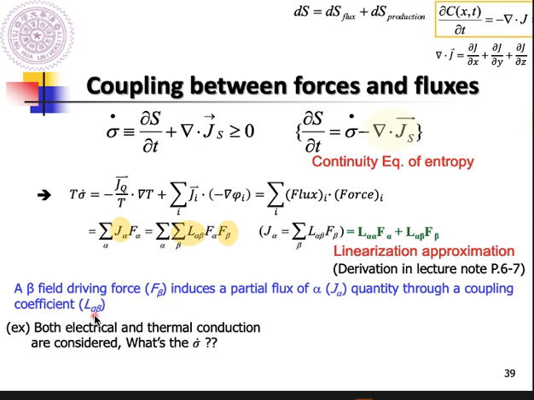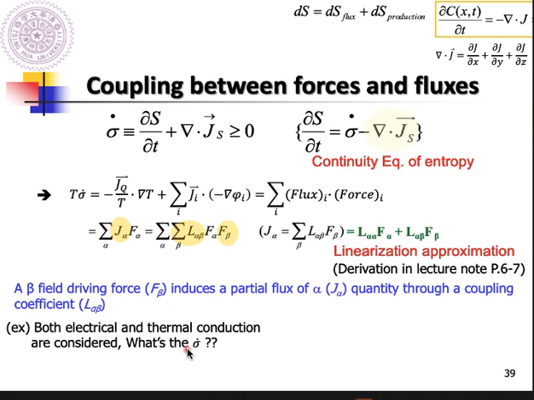To be precise and make it clear, let's take an example. Now we have a metal bar, and we apply an electrical field and also a temperature gradient on this metal bar. What is the entropy production rate for this kind of system?